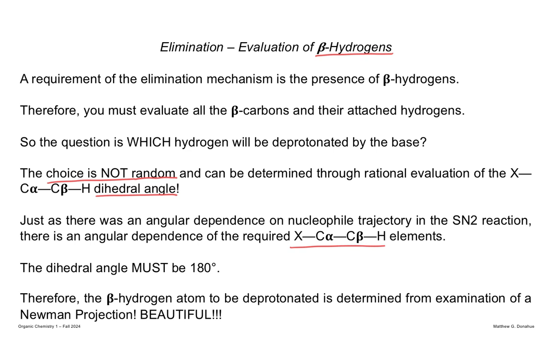So just to use sort of the stick figures, and if you're looking at a Newman projection down that bond, so that would be X, the beta carbons in back.